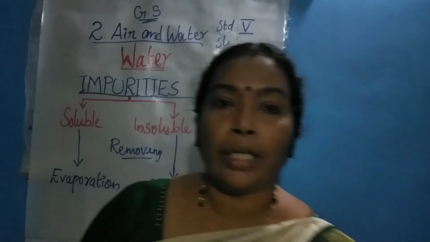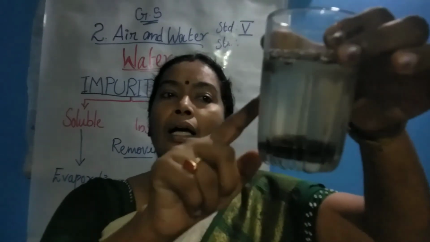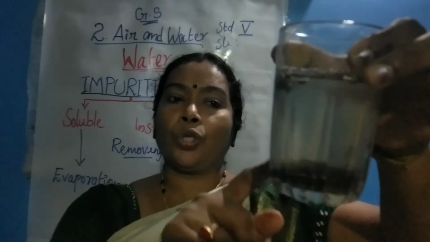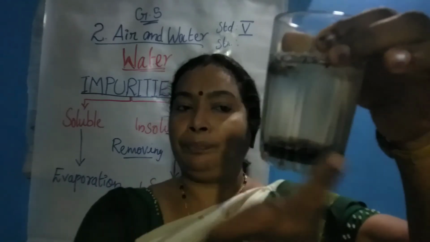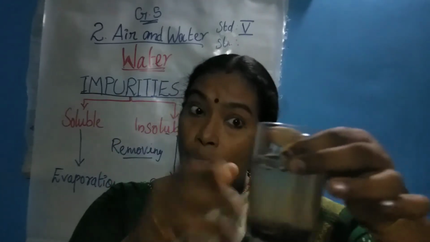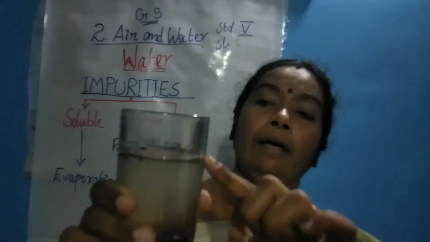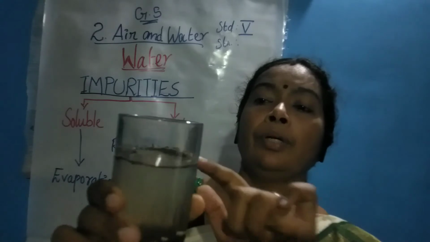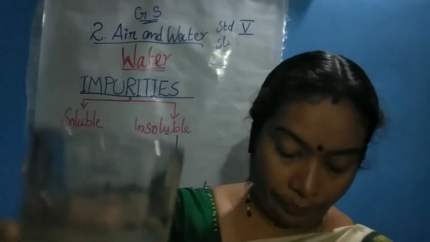So through sedimentation, the insoluble impurities are settled down, and also above the water level some insoluble impurities are floating.